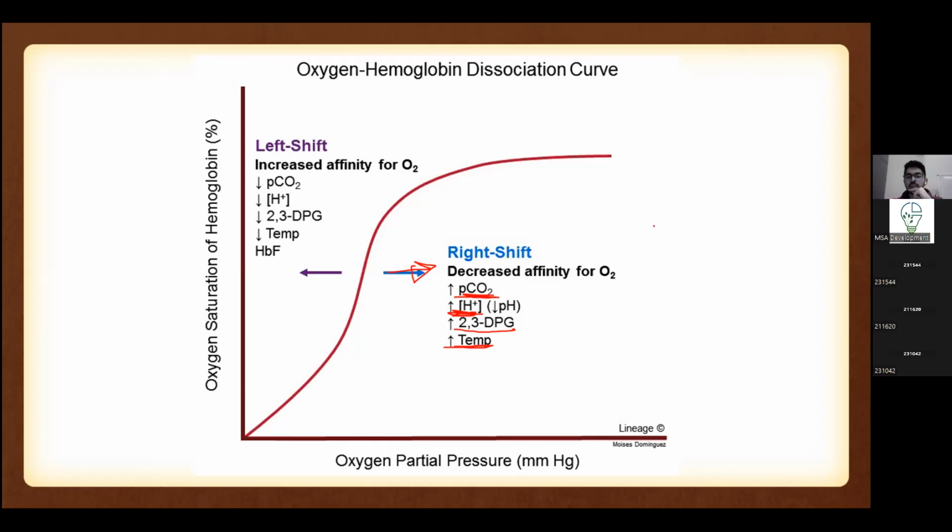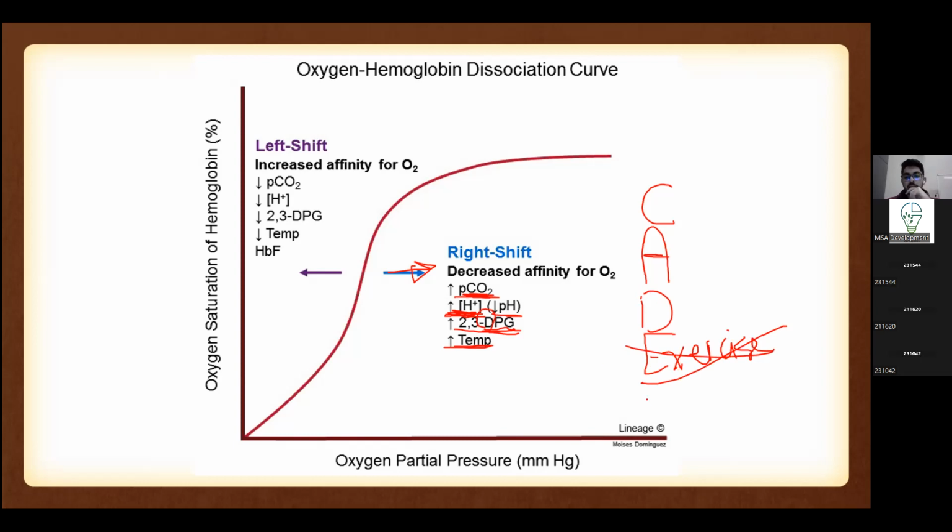Okay, how can you memorize this in a better way? I think Dr. Hana gave you this mnemonic, but I'm going to repeat it now. Basically, for CO2, we can write a C. An increase in H plus or a decrease in pH is basically an example of acidity, so we're going to write A. Then diphosphoglycerate or bisphosphoglycerate, we're going to use the letter D. Then we have an E, and this stands for exercise. You don't have to know it for this lecture, but it's only for your information.